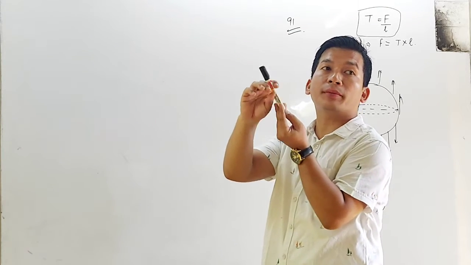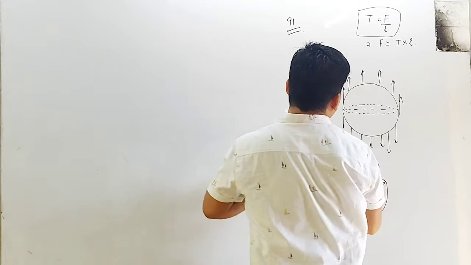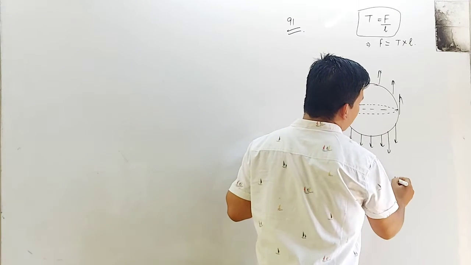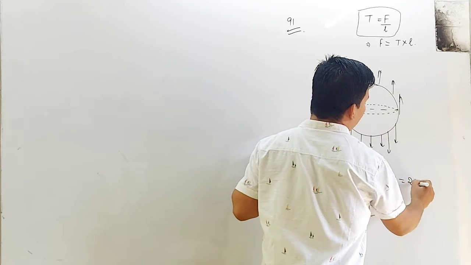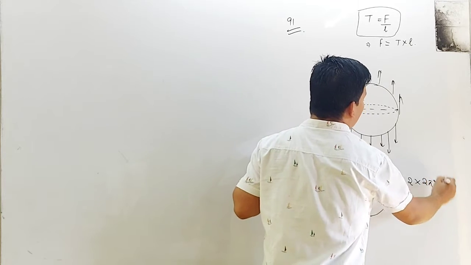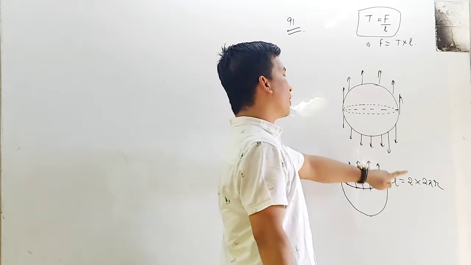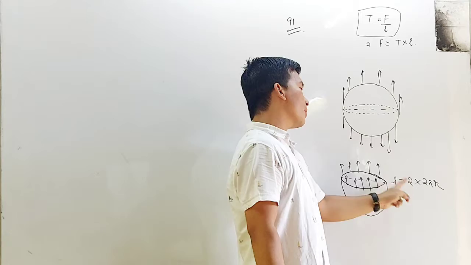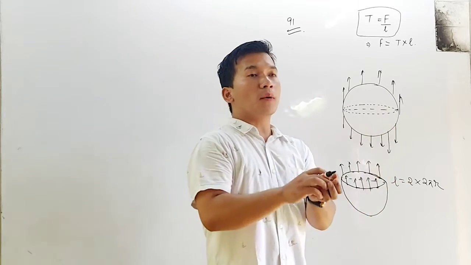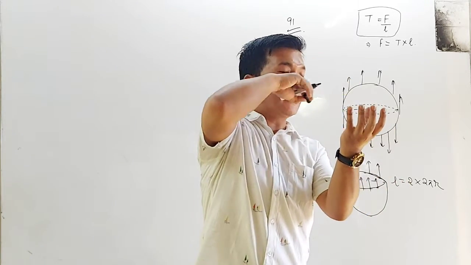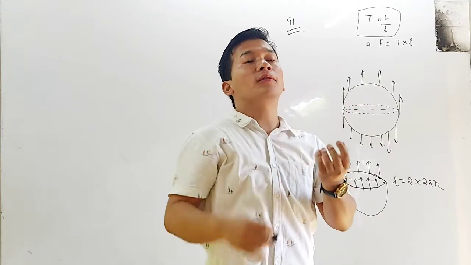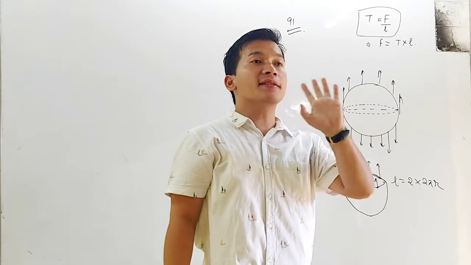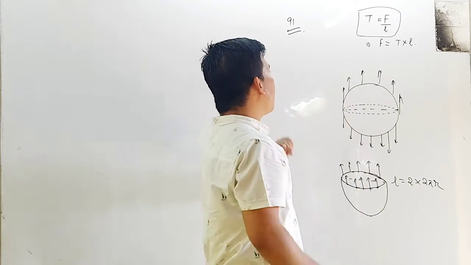Your surface tension will be acting two times, that is why we have to take the length as twice 2 pi r, because it possesses two circumferences, one for the inner surface and another for the outer surface. What will be the force?